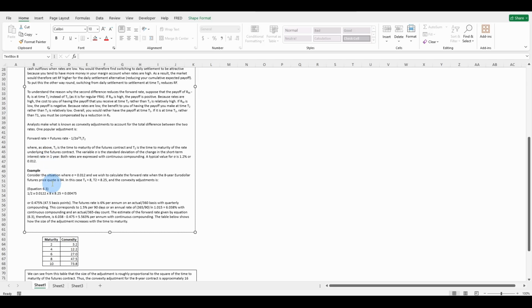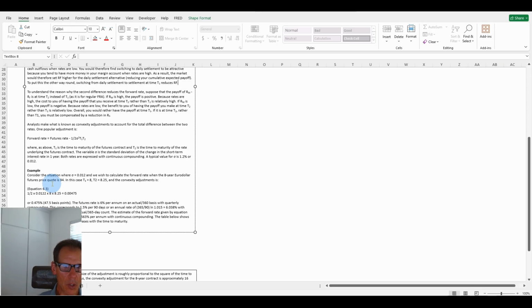Consider a situation where the standard deviation is 0.012 and we wish to calculate the forward rate when the 8-year Eurodollar futures quote is 94. In this case, T1 equals 8, T2 equals 8.25, and the convexity adjustment is 1/2 times 0.012 squared times 8 times 8.25 equals 0.00475, or 47.5 basis points. The futures rate is 6% per annum on an actual/360 basis with quarterly compounding.